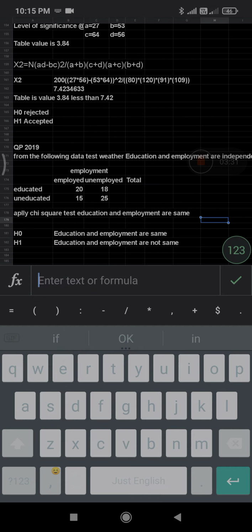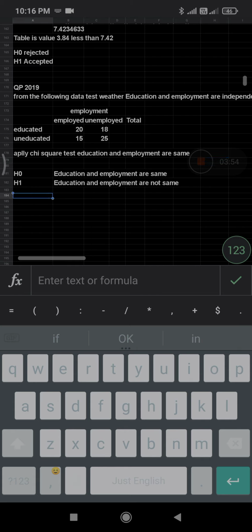You can write it like that, or you can write education and employment are independent for H naught, and for H1, education and employment are not independent. You can write it either way.